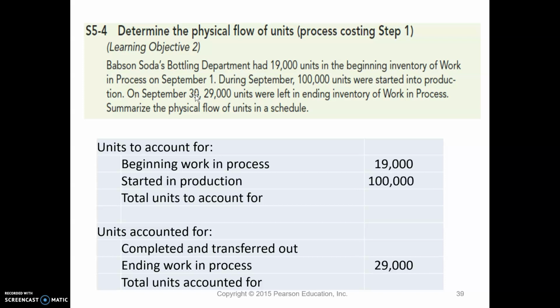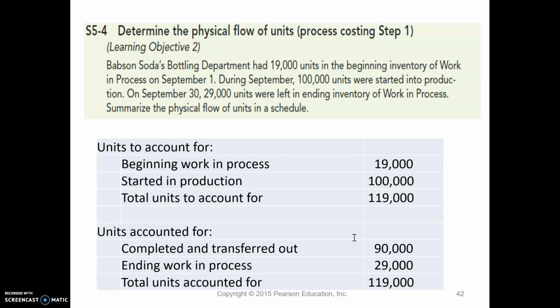There were 19,000 in beginning work in process, 100,000 were started, 29,000 were left in ending inventory. So we can figure this out. We've got 119,000 units to account for. So that means we need 119,000 units accounted for at the end. If there's 29,000 ending work in process, we can subtract to find that there were 90,000 completed and transferred. So that's the first step in the process.